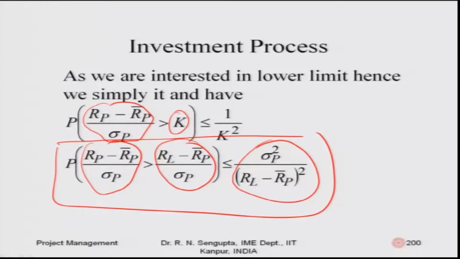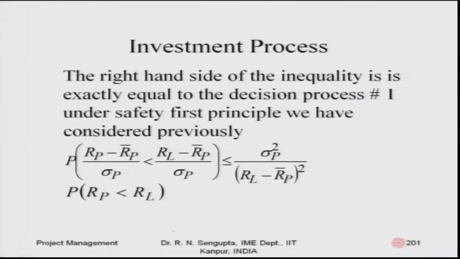Then we find these differences of the probabilities and find the values and rank them from the highest to the lowest or the lowest to the highest, and take the values accordingly, such that we are able to get the best so called portfolio of projects considering the safety first principle. The right hand side of the inequality is exactly equal to the decision process number 1 under the safety first principle, because we have considered this previously.